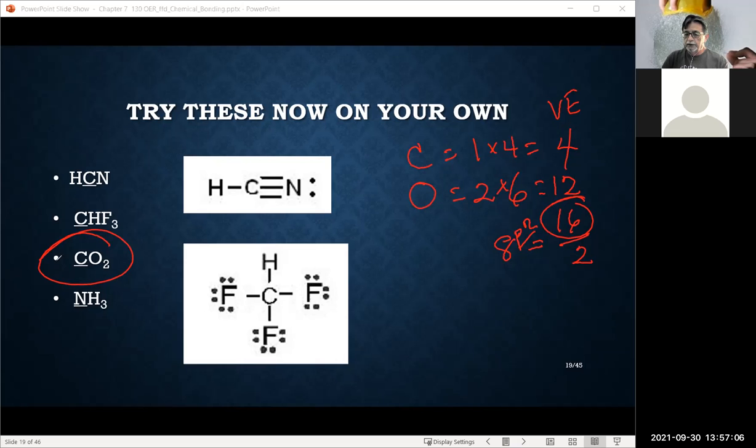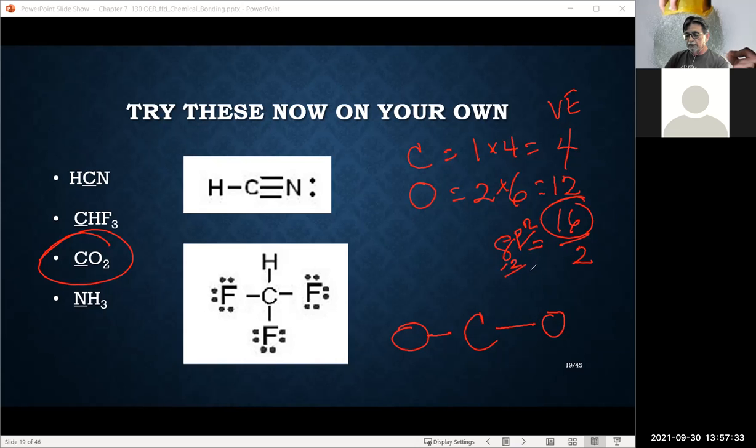Here, carbon as usual is the central atom. So we can very quickly write carbon in the center, and then there's 2 oxygens, so as before, we bond the 2 elements to the central atom. We write them with a line showing that there's a bond. That takes care of 2 pair.